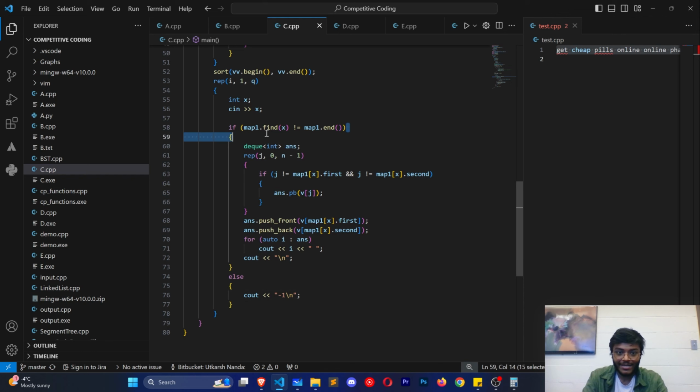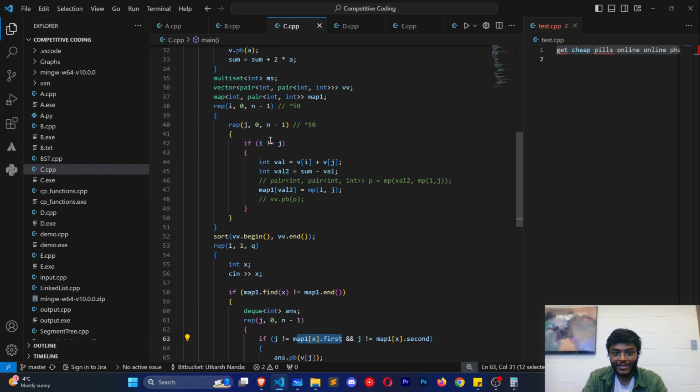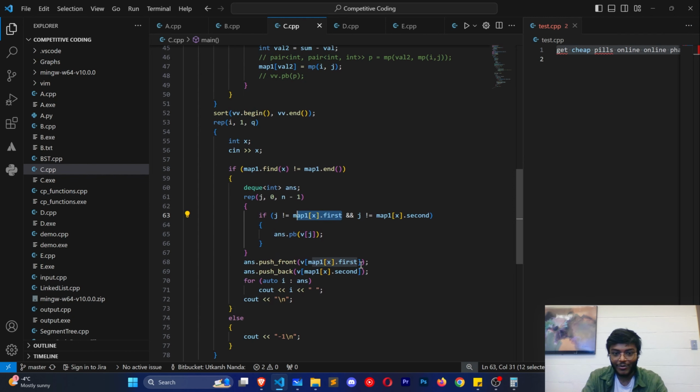But if we do find that value x in our map, we take a deque and we add every element which is not either the i value that we had over here or the j value that we had over here. The two values that we basically picked.